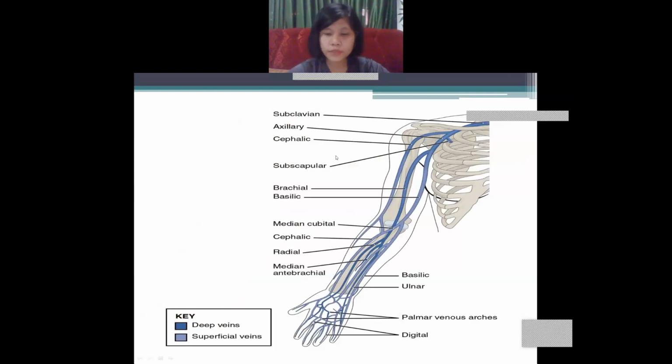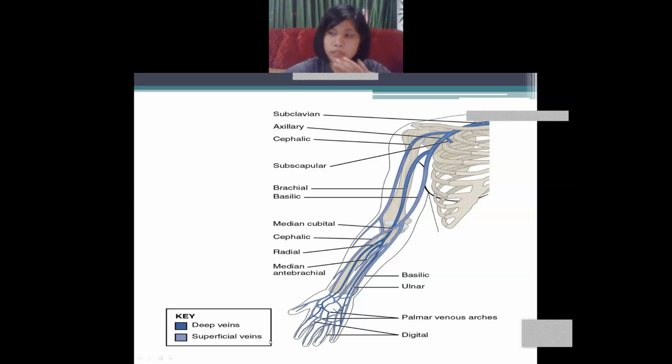So these are the veins that you will find in the upper limb vessel. In these veins, you will find that they are divided into two parts: the deep veins and the superficial veins. The deep veins are darker.